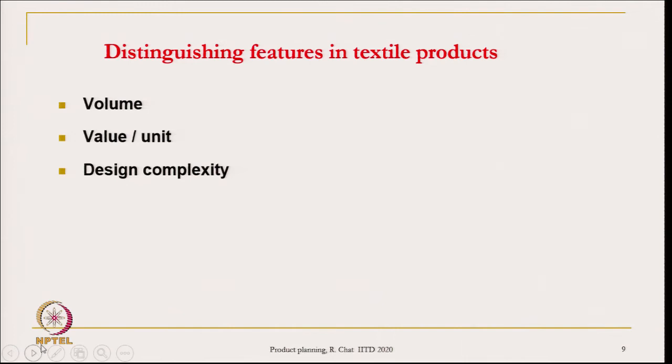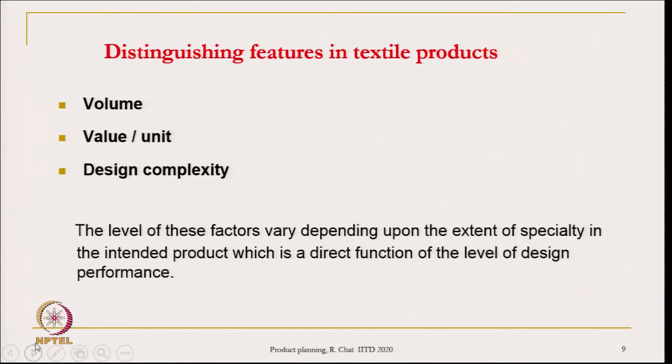So you can find out the distinguishing features of textile products in terms of volume, value, and design complexity. The level of these factors varies depending upon the extent or specialty in the intended product, which is a direct function of the level of the design performance.